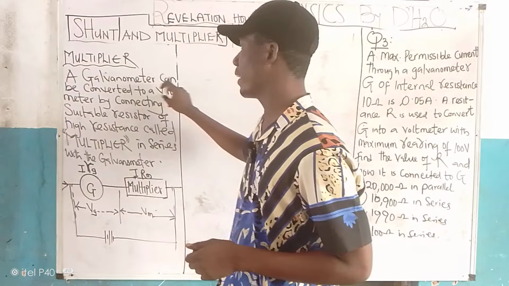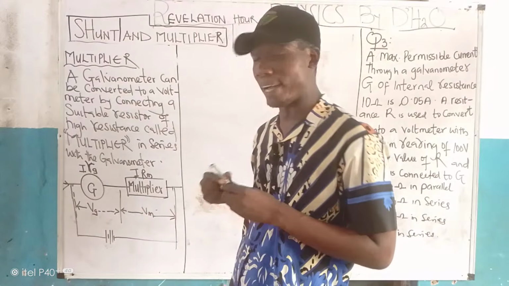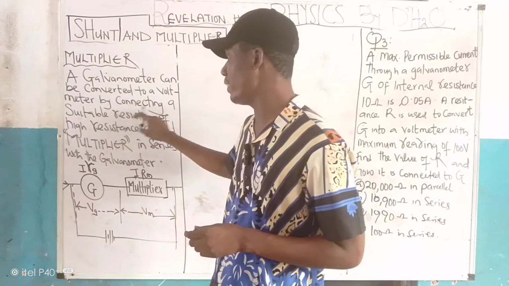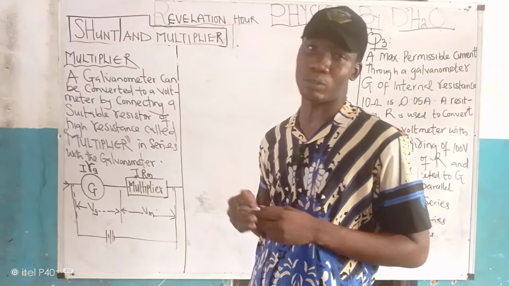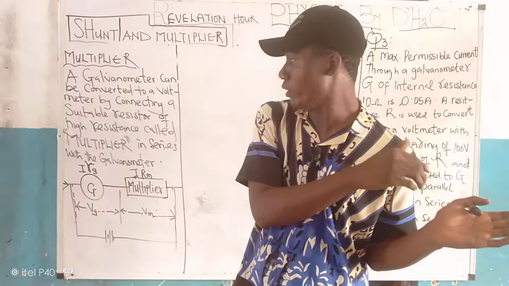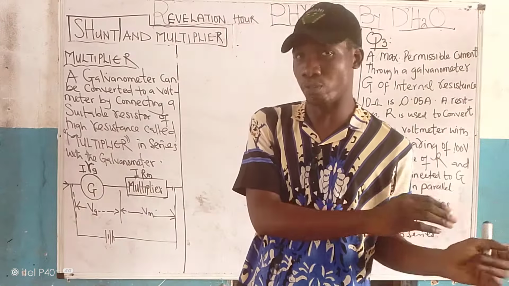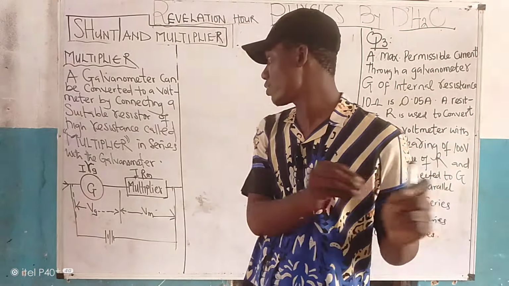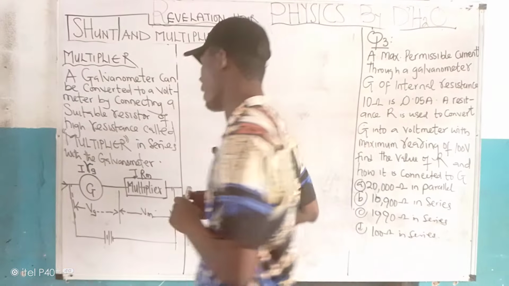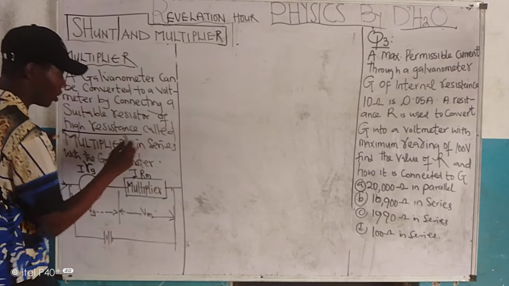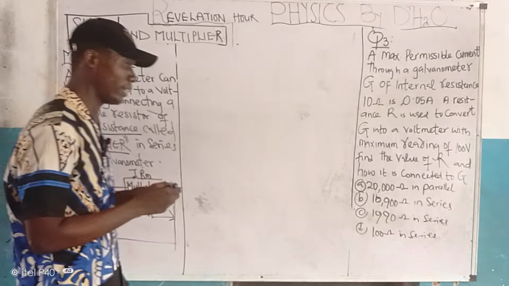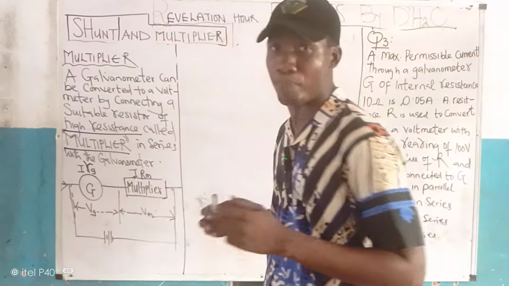A galvanometer can be converted to a voltmeter by connecting a suitable resistor of high resistance. Take note of that. The one we did before was low resistance, that's shunt. Shunt is a resistance of low value. Now, by connecting a suitable resistor of high resistance called multiplier in series, not in parallel.